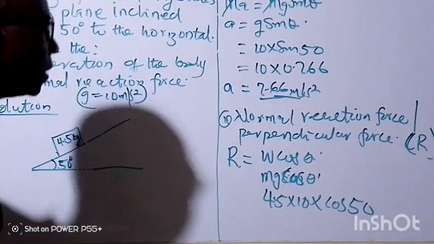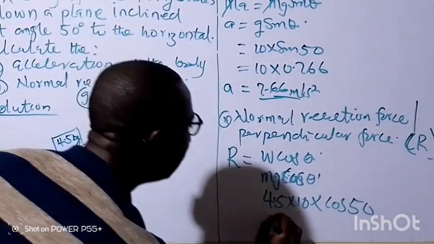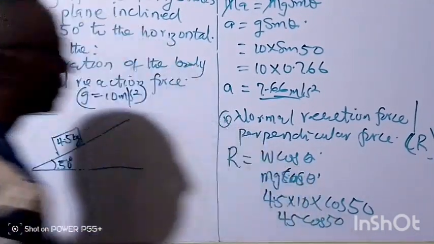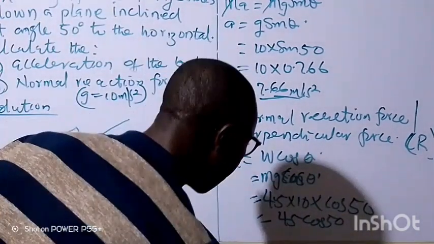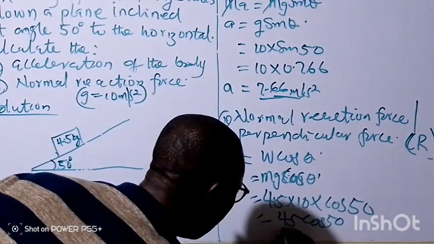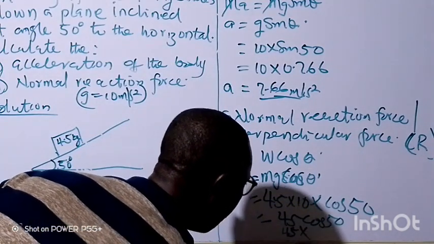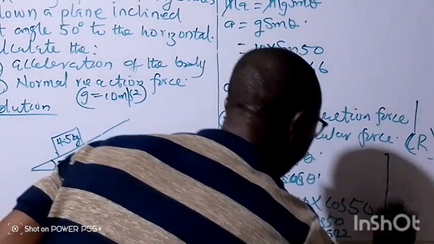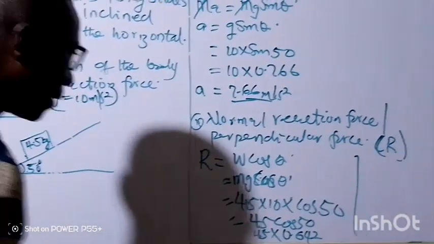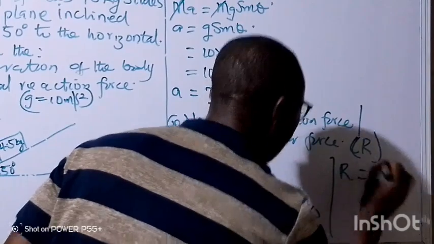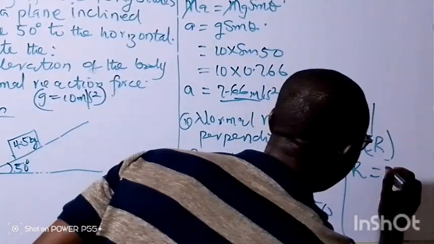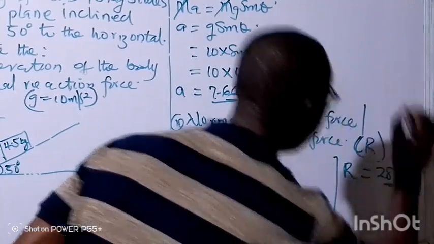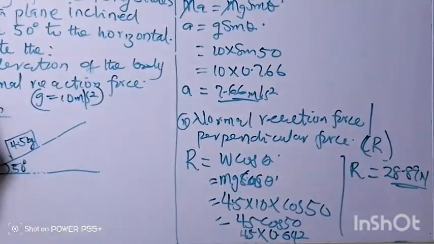And this will give us 45 cos 50, which is 45 multiplied by 0.642. And the final answer for R will be equal to 28.89 Newton. That's the value of R.